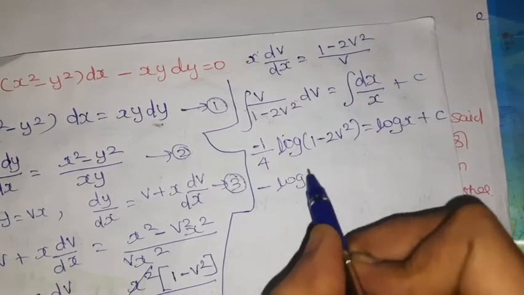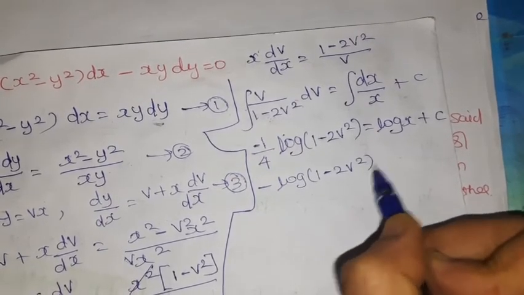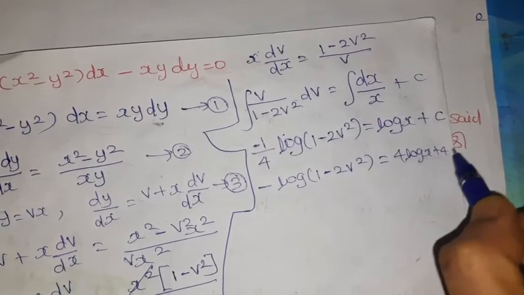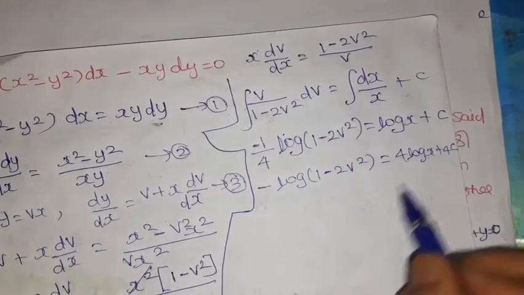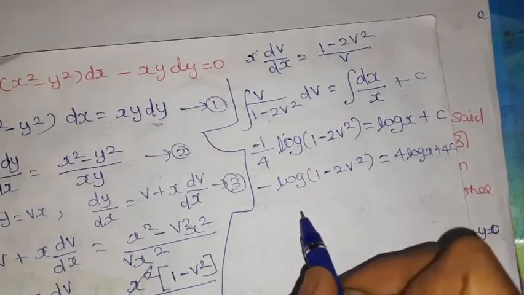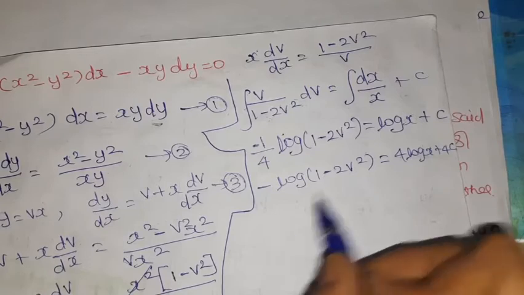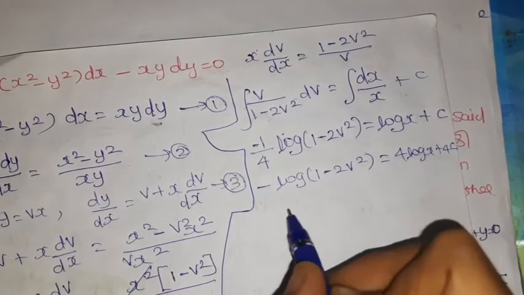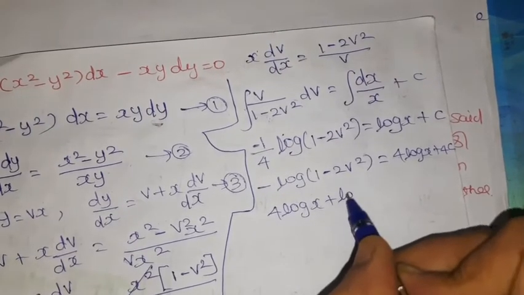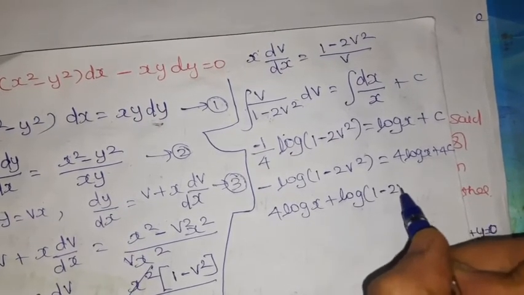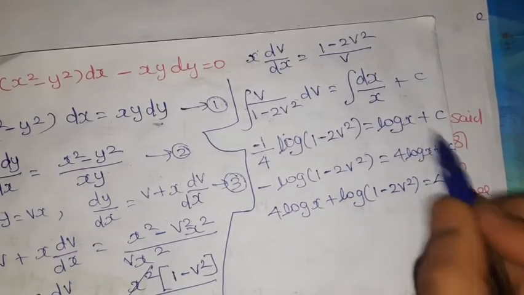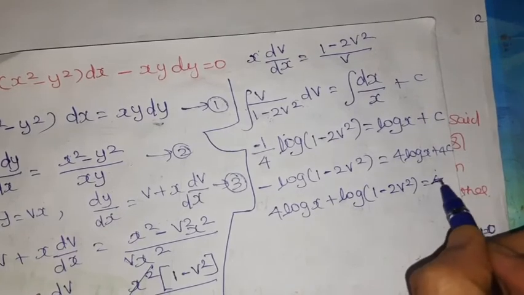Again, what do we need to do? Minus log of 1 minus 2v squared equals 4 log x plus 4c. The 4 goes to that side. Next, the 4 log x goes to that side: 4 log x plus log of 1 minus 2v squared equals minus 4c.